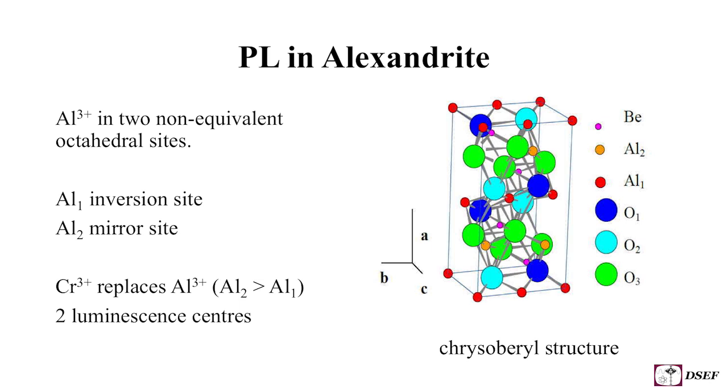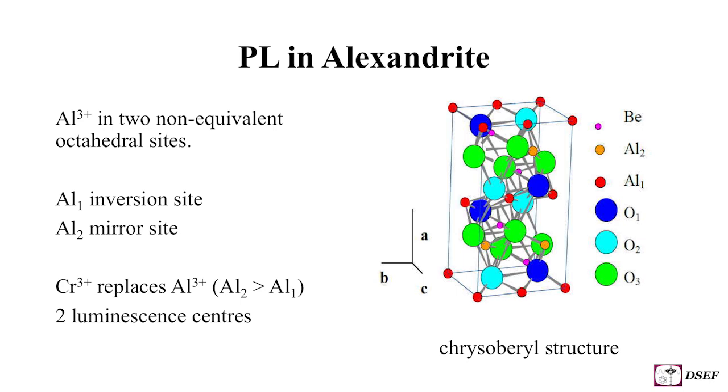One is called the inversion site, where the aluminium sits in an inversion center, and then there is the mirror site, where the aluminium sits in a mirror plane. This is quite important because the local symmetry in these octahedral sites is different. To produce alexandrite, aluminium has to be replaced by chromium. So chromium can also be in two different positions in the crystal lattice of chrysoberyl, and therefore you have two different luminescence centers.